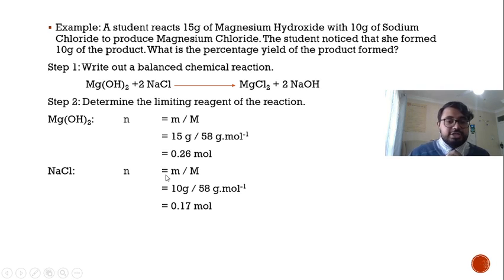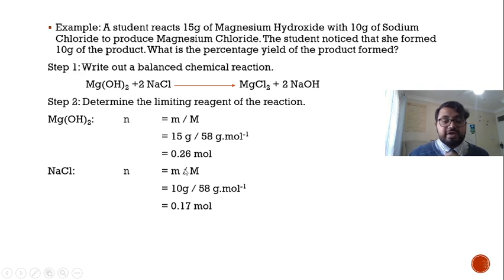And now we judge. What the stoichiometric ratio tells us is that 1 mole of magnesium hydroxide has to react with 2 moles of NaCl to form 1 mole of MgCl2 and 2 moles of sodium hydroxide.